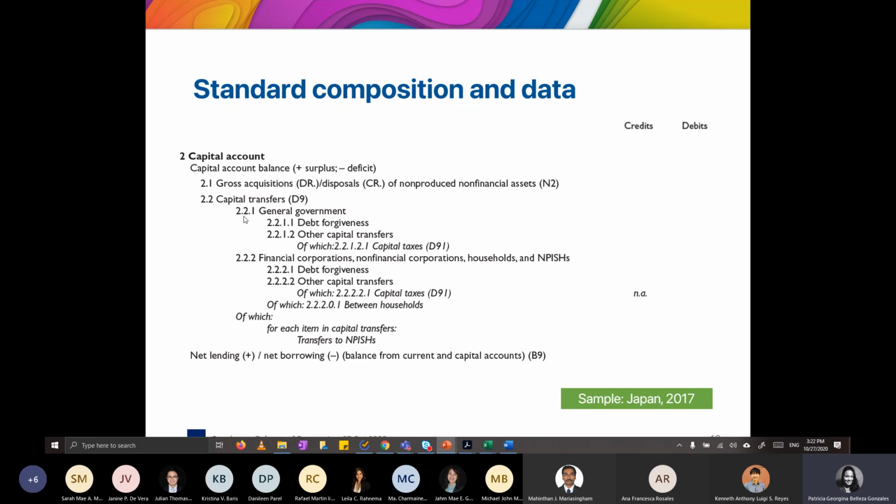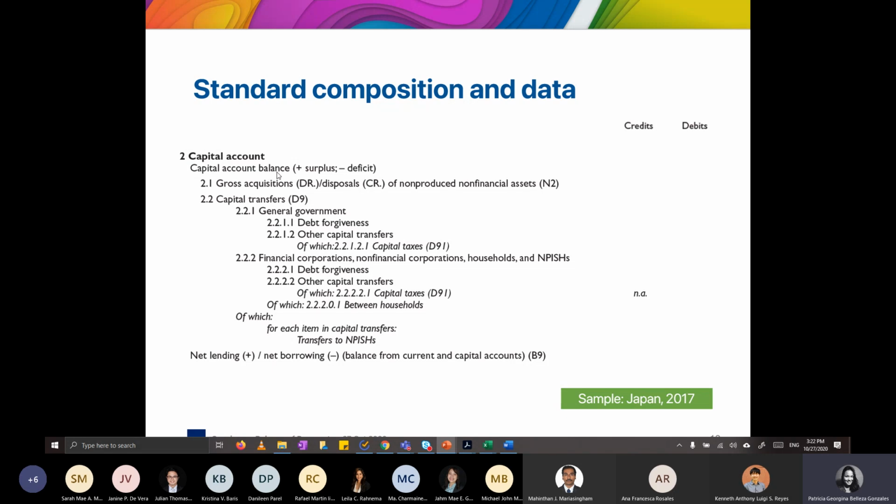So you see here capital transfers. We have here the general government and the non-resident party, and then the rest of the institutional sectors: financial and non-financial corporations, households, and non-profit institutions serving households. But the general structure of the data remains the same.